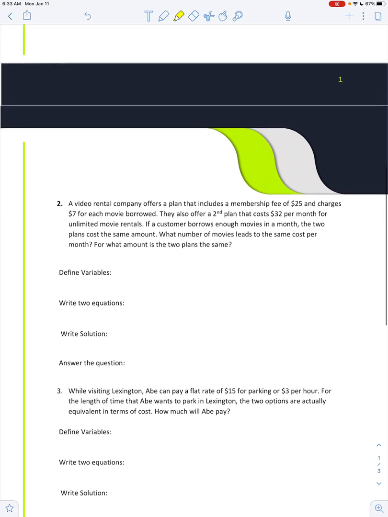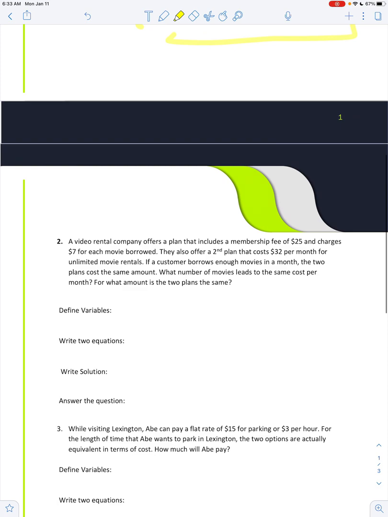All right, and after reading, what we should know is that we're talking about a video rental company, right? Kind of like our Redbox or something like that. Or back in the day, we used to say Blockbuster, right? Or whatever the movie company was. And so when it says that it's a membership fee of $25 and charges $7 for each movie, this is helping us write our first equation.